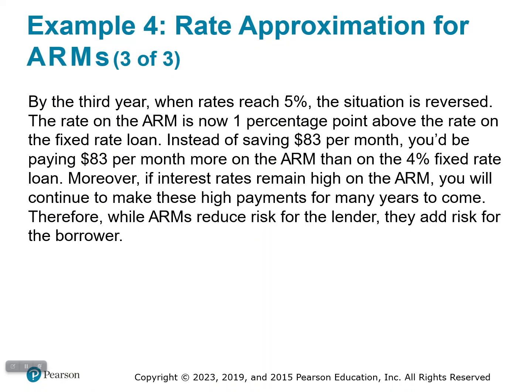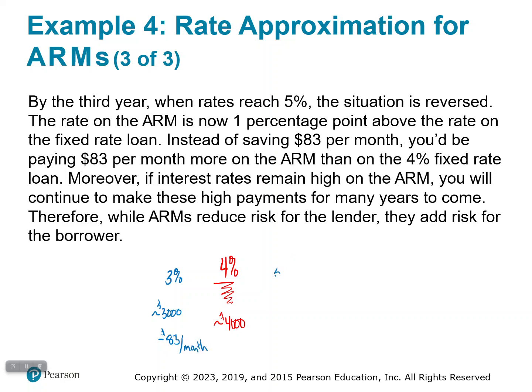But by the third year, remember our fixed rate is at 4%. Fixed, it's not going anywhere. So we're thinking about $4,000 a year in interest in the early parts of the loan. The adjustable rate, however, let's go with blue, we're at 3% for a while, and that's cool because that's about $3,000, and we're less by $83 per month.